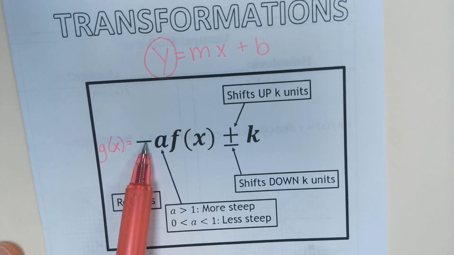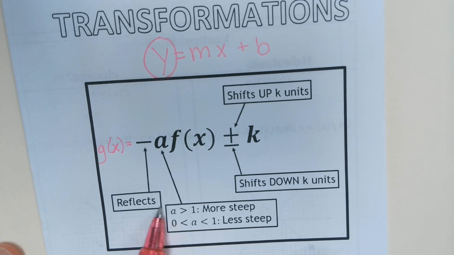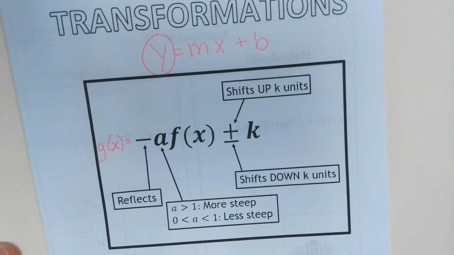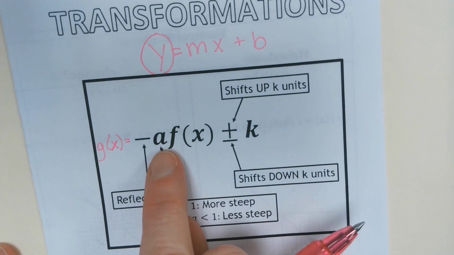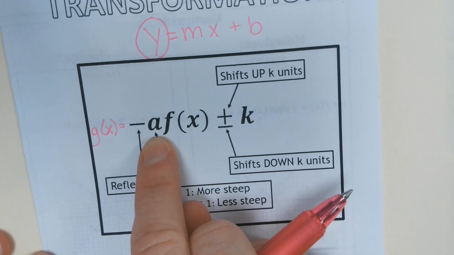So the negative is what reflects the line. A line can be reflected across the x or y axis. Remember, a reflection is like a mirror image. So with lines, it's going to go from a positive slope to a negative slope. The A actually determines the slope.